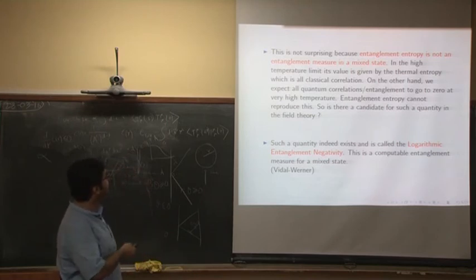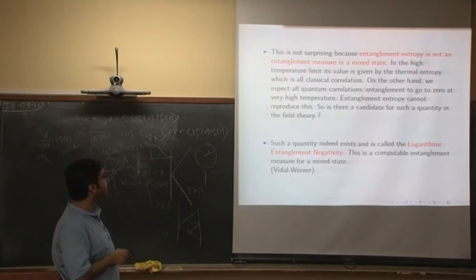Now the reason for this is that this entanglement entropy is not an entanglement measure in a mixed state. Intuitively, quantities which are constructed out of von Neumann entropy are not the quantities which measure the quantum correlation in a mixed state.